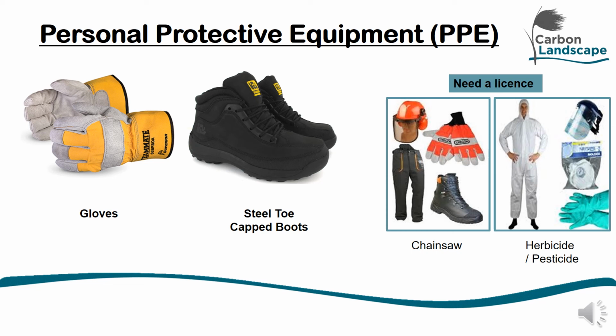Also to protect our ankles from the uneven terrain. And of course, there's also the specific protective equipment when you're using a chainsaw or herbicide or pesticides. However, with these methods, you do need a special license and special training.